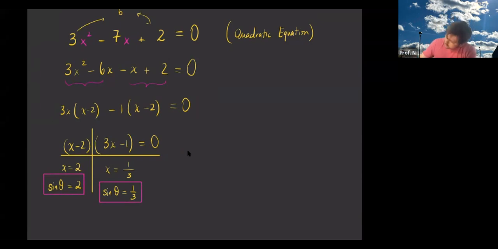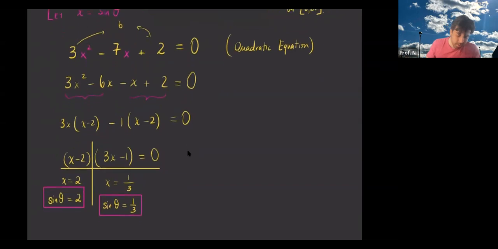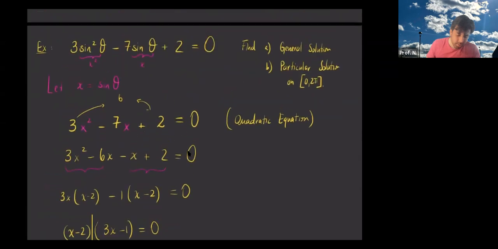Hold on one second. Let me just see one thing. -6, -1. 3x, x minus 2, x minus 2.